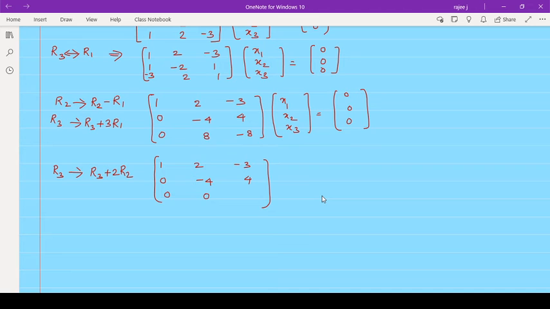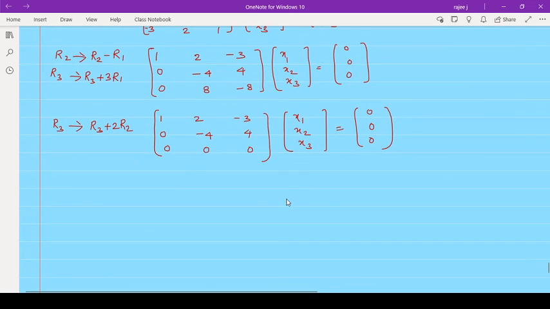And here it is minus 8 plus 2 into 4, so minus 8 plus 8 again it is 0. And x1, x2, x3 equal to 0, 0, 0. Now simplify this a little bit more and then you will get the answer.